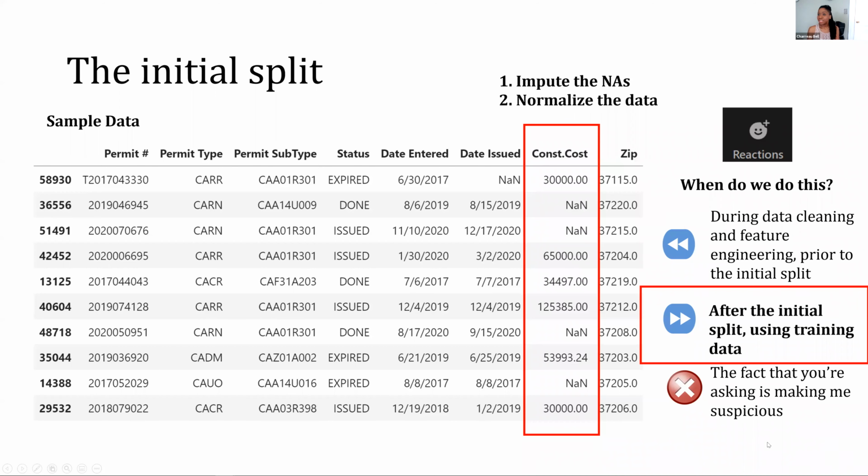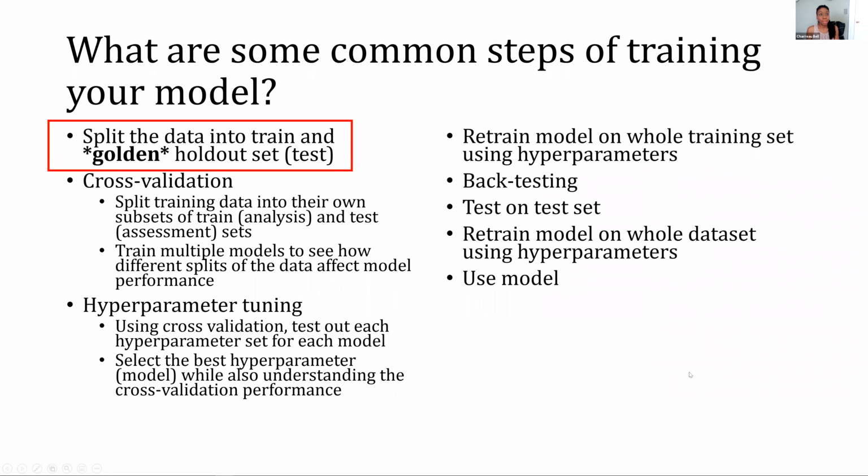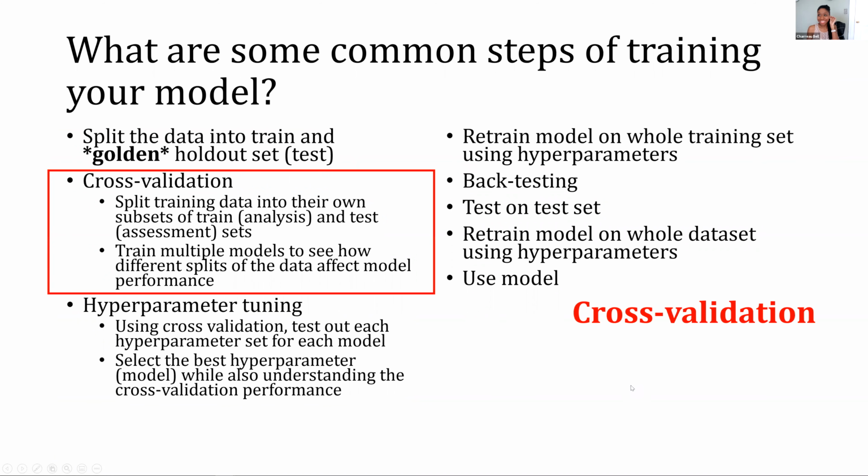Okay, so now we've talked about when to split the data, when to do the initial split, when we have features that need some engineering, and we said we want to do it after splitting. So now let's go on to the second step. Let's talk about cross-validation. Here, one may consider that we may have the same problem.